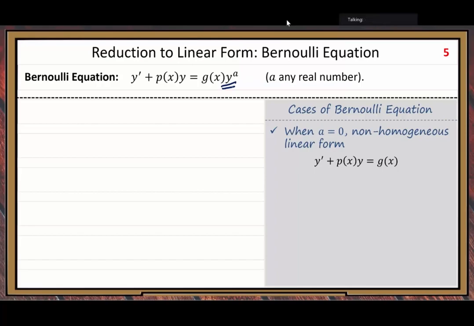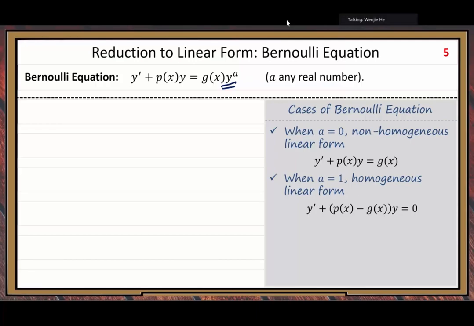Then A equals 1, it is a homogeneous linear form, because we can combine the y term, left-hand side, right-hand side, then right-hand side 0, homogeneous. So we know how to solve it, because it's separable. So these two are the simplest cases.